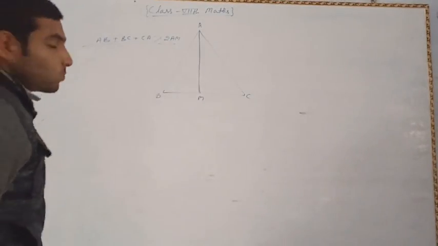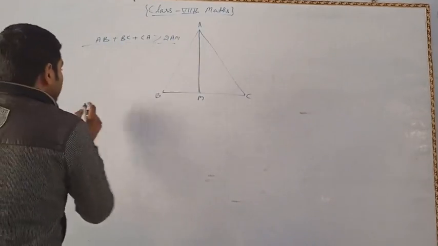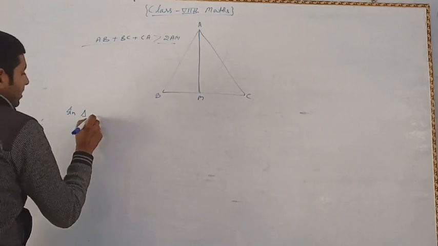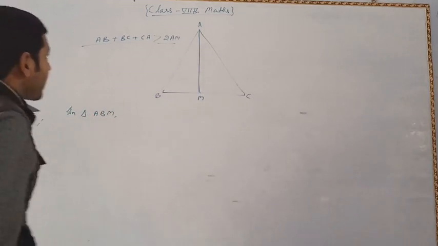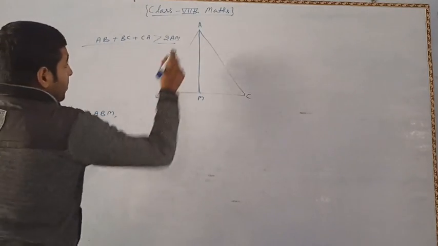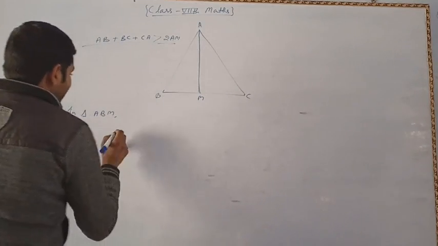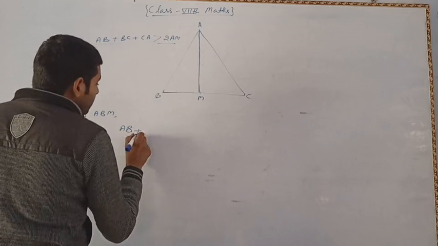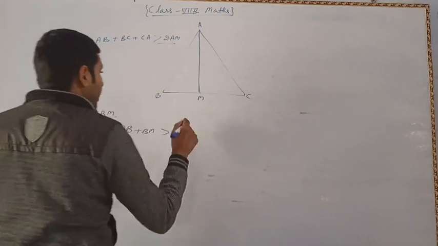So first of all, we take triangle ABM. In triangle ABM, we find that AB plus BM is greater than AM.